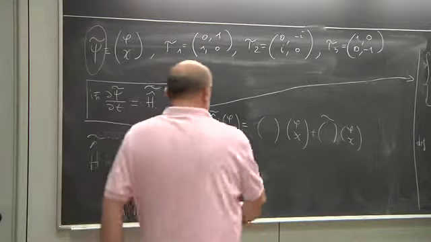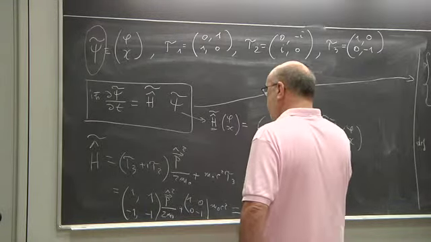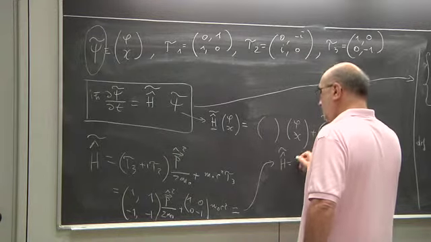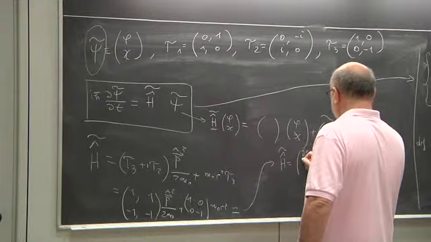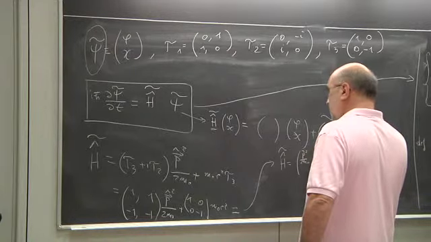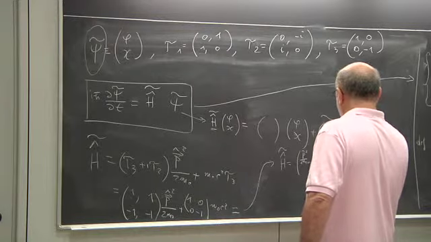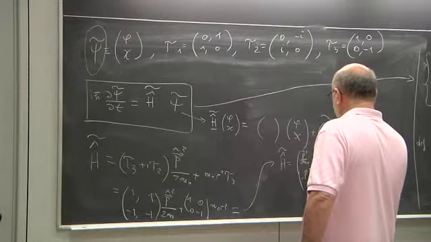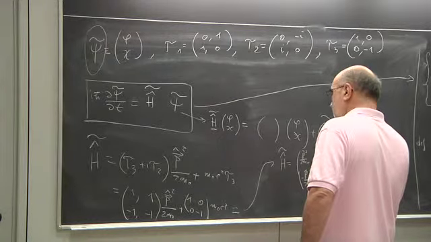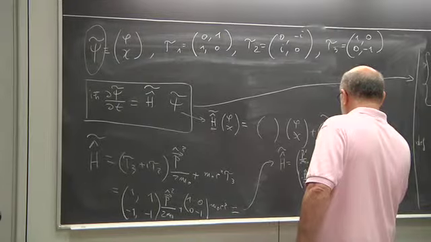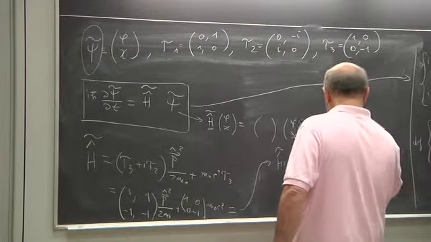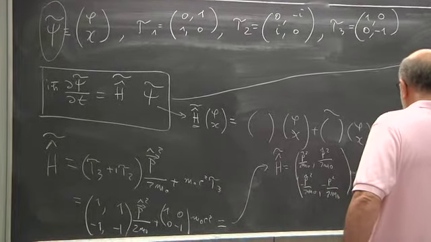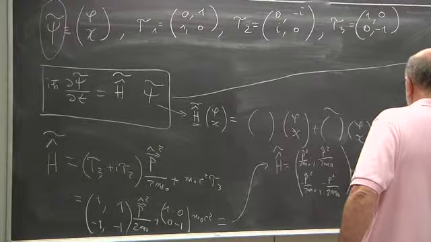Okay, so this one, if you want, can be written in the following manner. This h hat is p square over 2m0, p square over 2m0, minus p square over 2m0, minus p square over 2m0, plus m0 c square, 0, 0, minus m0 c square.